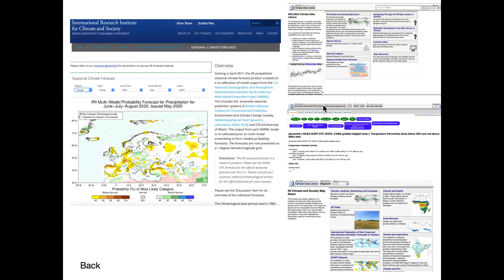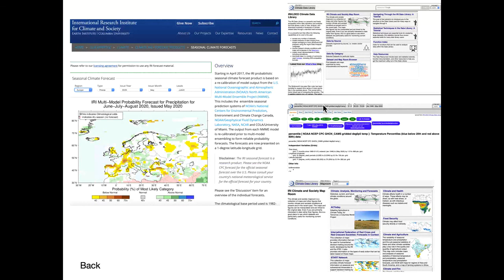Let me start with the first one, the data library portal from IRI, the International Research Institute managed by Columbia University, with not only the seasonal forecast data, but also a very rich repository of near real-time data sets and the possibility to deal with these data using an effective interface that allows you to build your own index over your specific geographical area.